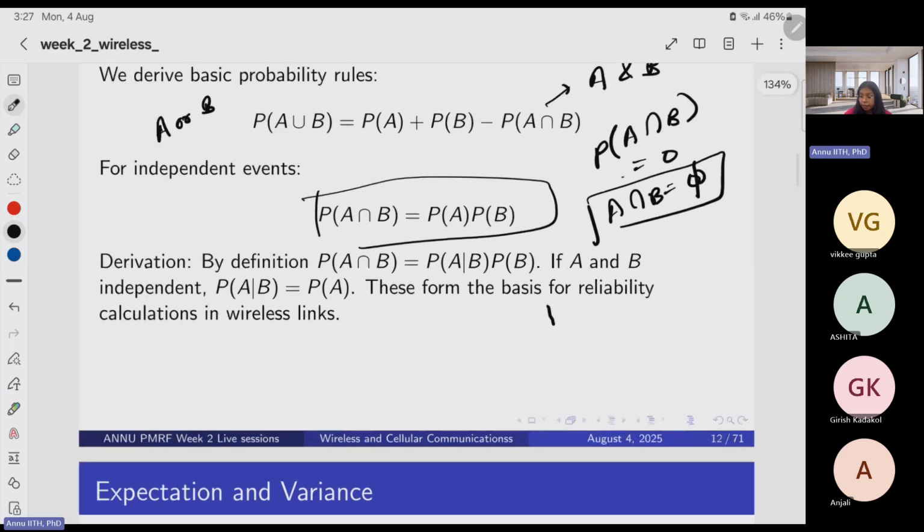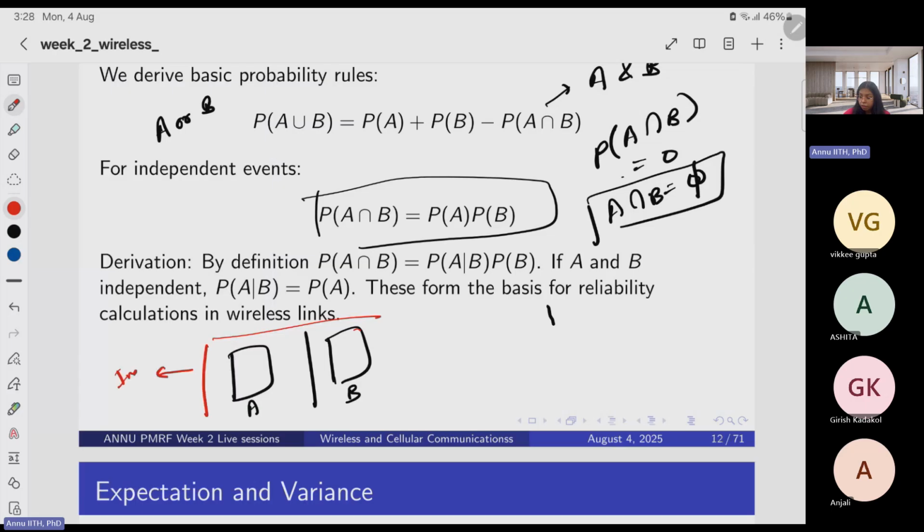Through sample space, if A and B have different sample spaces, they are independent.